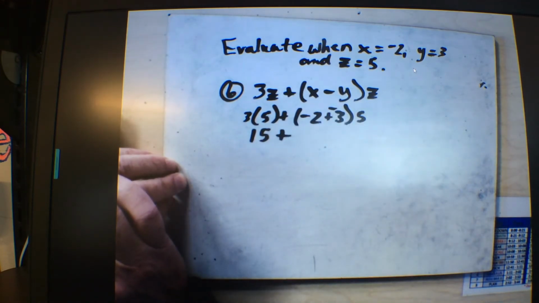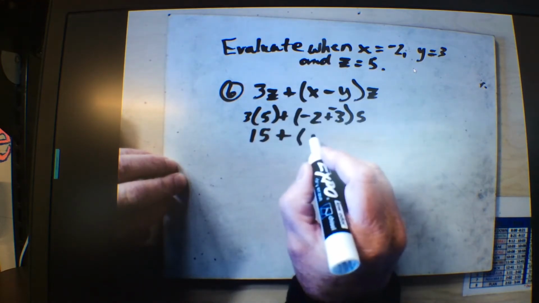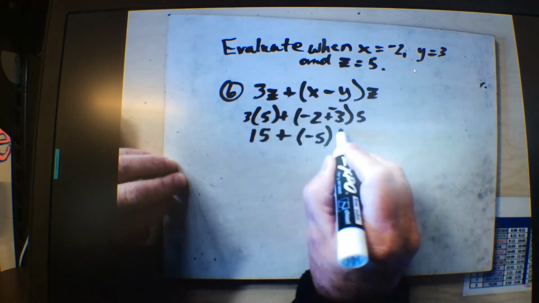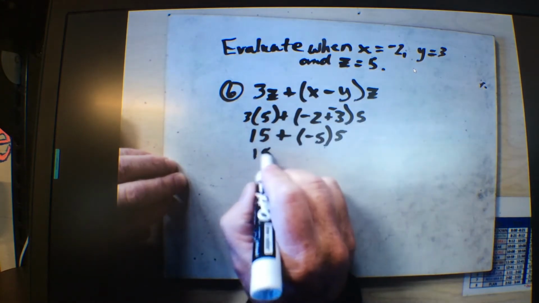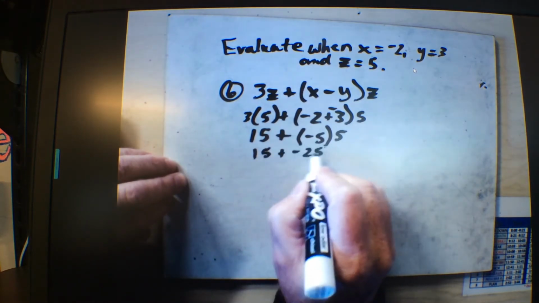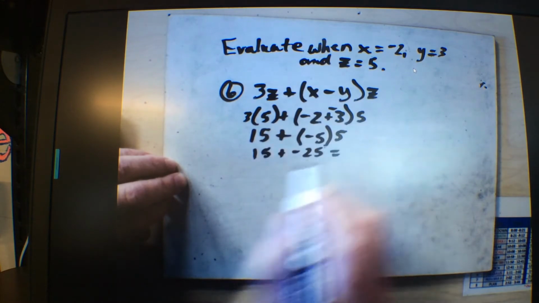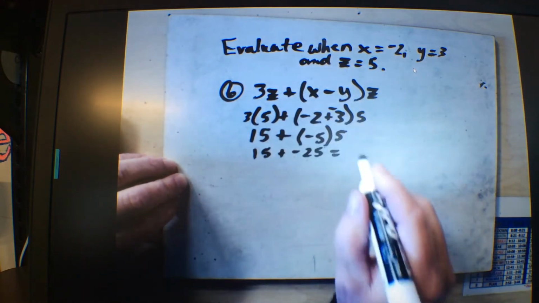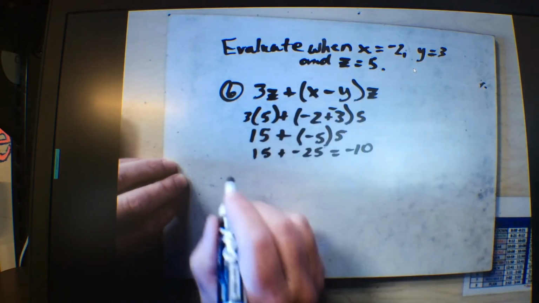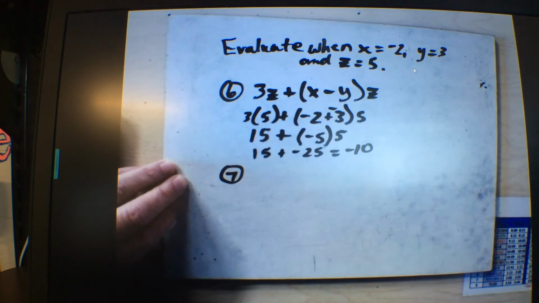So what's in parentheses? Negative 2 plus negative 3, which is a negative 5, correct? Times 5. We do multiplication next, right? What's a negative 5 times 5? That's right. So I have that. Notice how I keep bringing my numbers down, and now I can take 15 plus a negative 25, which is what, Chuck? Negative 10. All right?